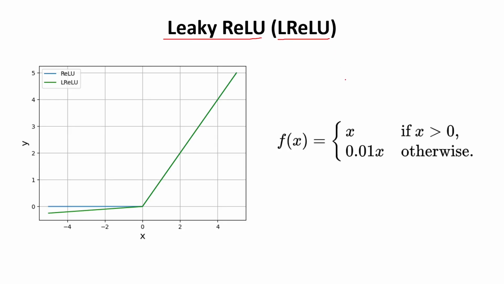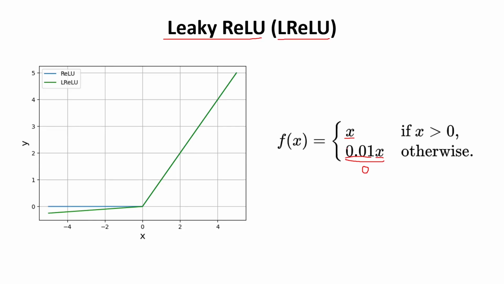And the way it modifies the ReLU function is that on the negative side, instead of having only a value of 0, we have a value proportional to the input value x, but this value is much smaller in comparison with what we have on the positive side. And this is reflected here because we multiply the x value with a small constant like 0.01.